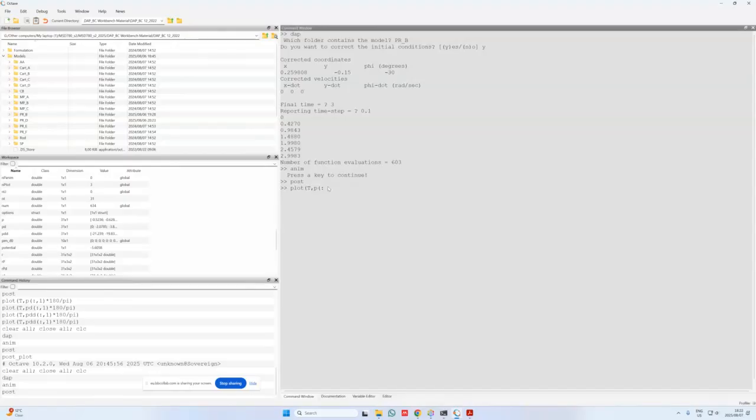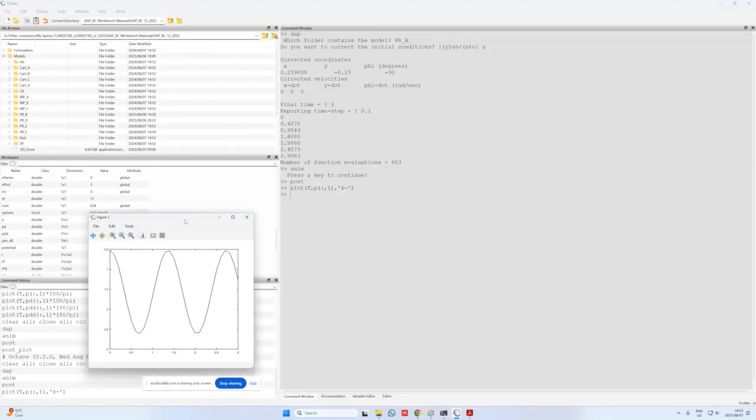So in that case, I use this colon over here that shows everything in that row that I want to plot, comma 1. So for body 1. And then I can perhaps just give it a line specification as well. So let's say I want to plot it as a black line. I can close my parentheses and I can hit enter.